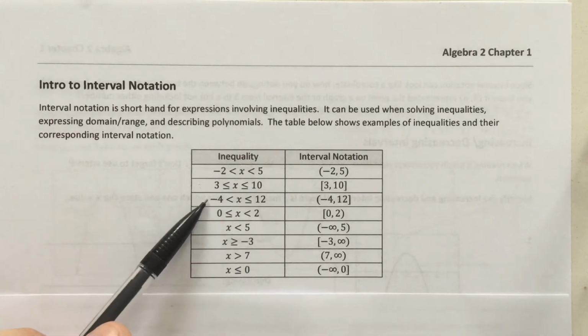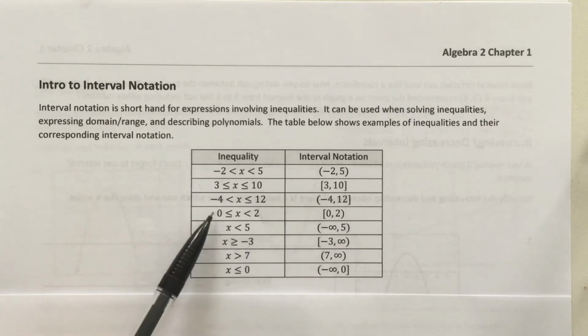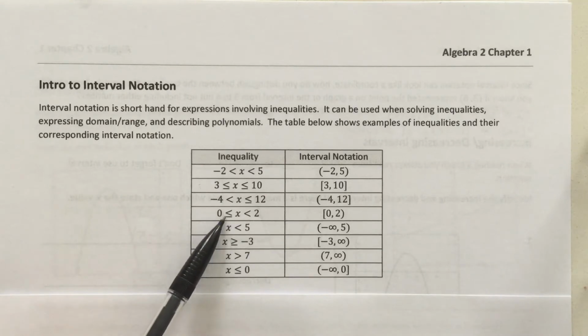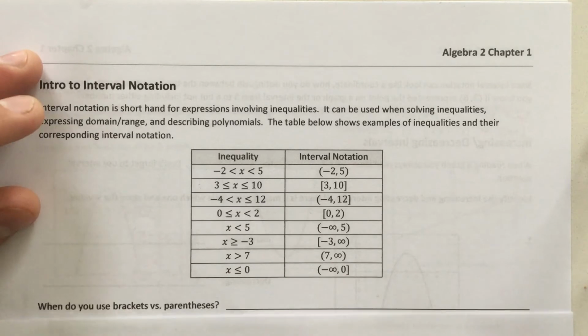If we were to have -4 is less than x, which is less than or equal to 12, that interval equivalent would be parenthesis -4, 12 bracket. And if we look at 0 is less than or equal to x, which is less than 2, we'd have bracket 0, 2 parenthesis.